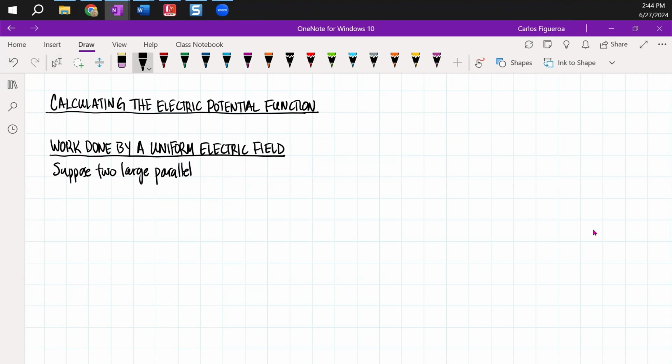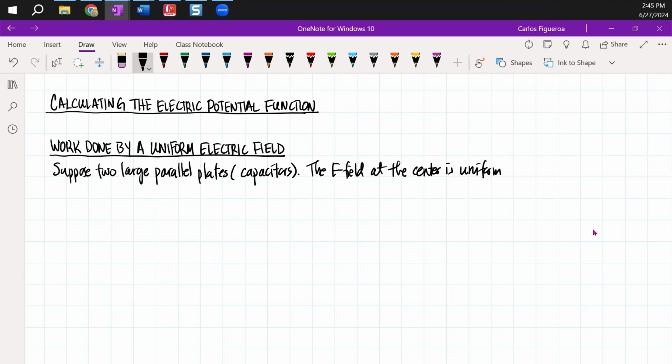Now, when you have this configuration of plates, you'll see that sometimes they'll say that they're capacitors. The electric field at the center is uniform.